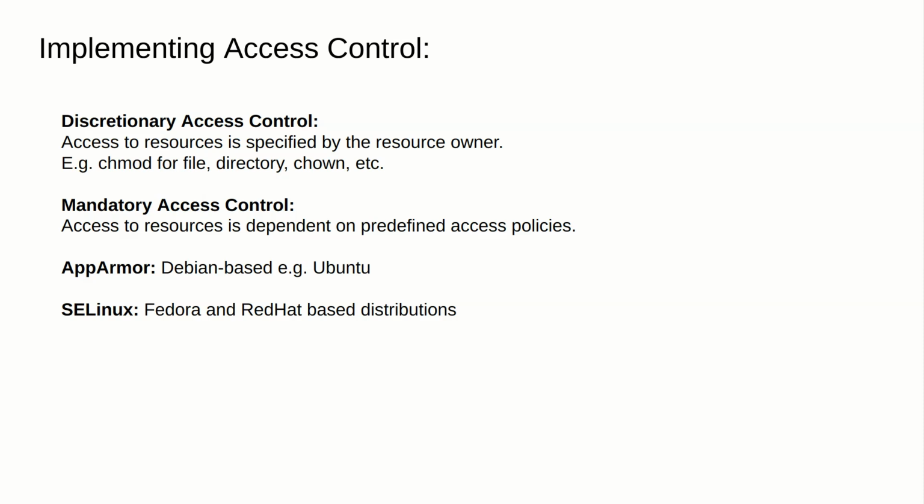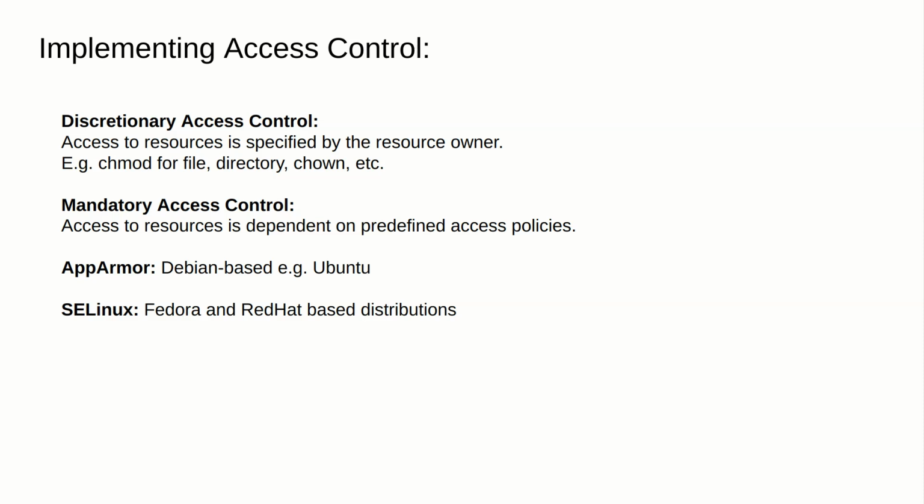And the access control mechanisms. In general, we have discretionary access control, where we speak with respect to accessing specific resources, like chmod, chown. These are the kind of restrictions which we generally put. Other than that, we have mandatory access controls.